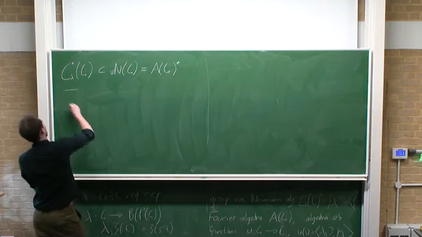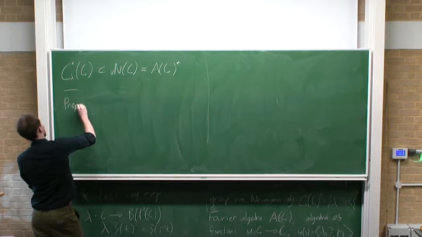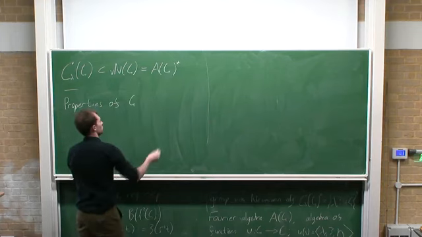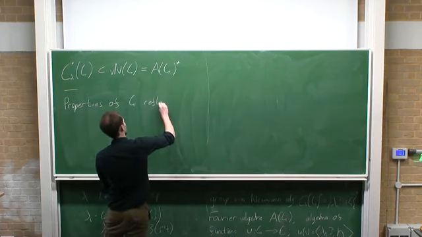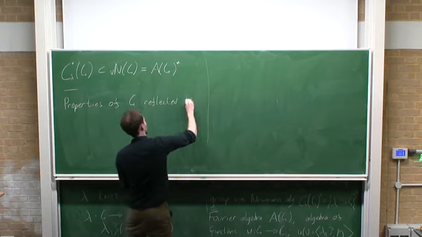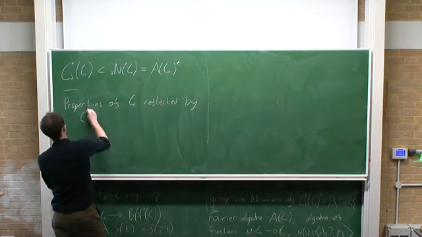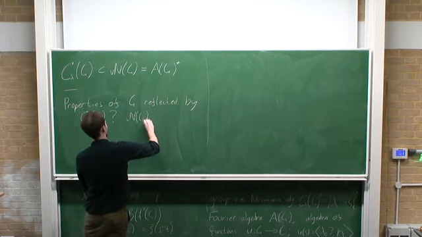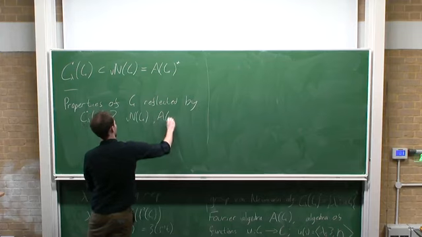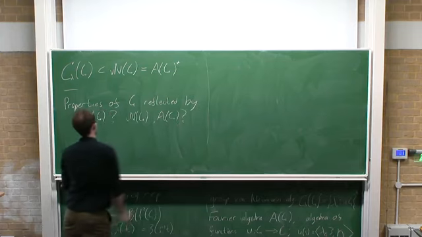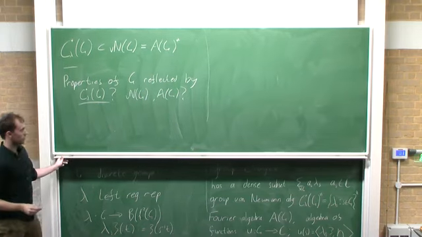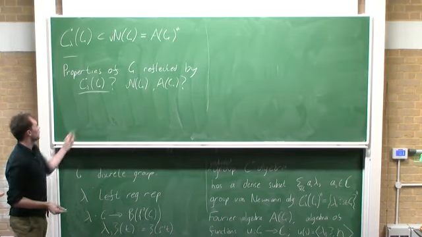So, are properties of G reflected by C-star reduced of G, or VN of G, or A of G? Again, I'll focus on this question.